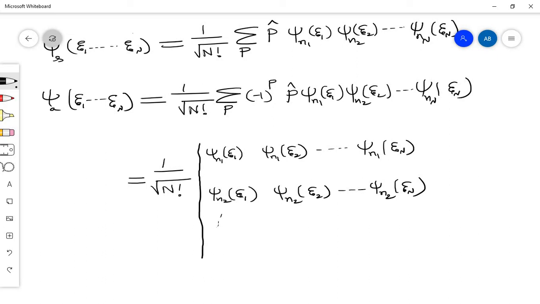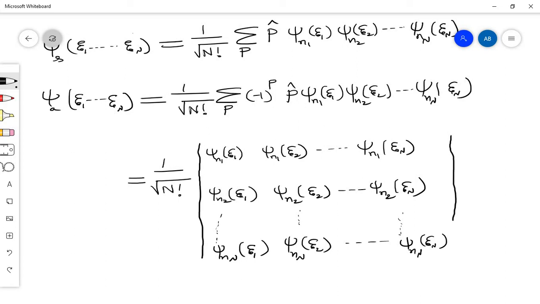And so on like this. The last row will be psi nn E1, psi nn E2, and so on, psi nn En. This is the determinant.